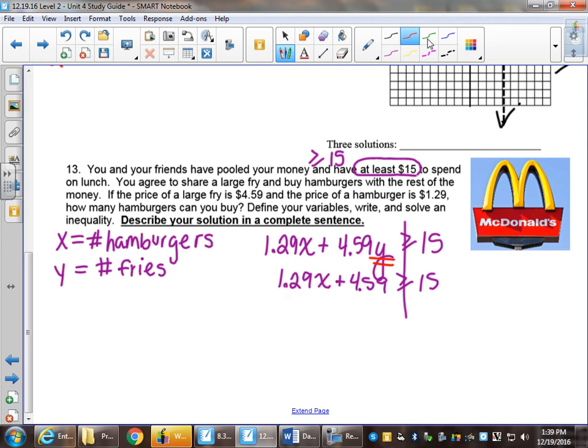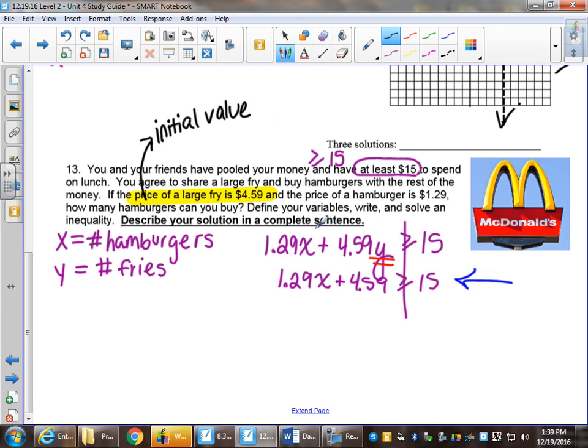Now, in class, when you guys were working on this, some people wrote this right away. They identified the fact that you already know you're buying just one fry. People said, well, you're only buying one, so that's an initial value. That's fine too. Either approach is fine with me.